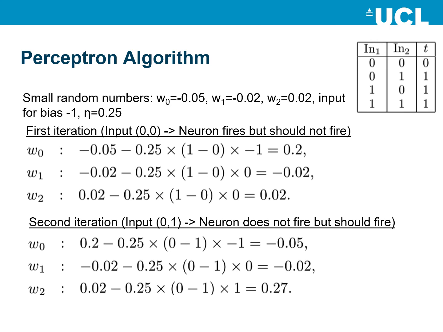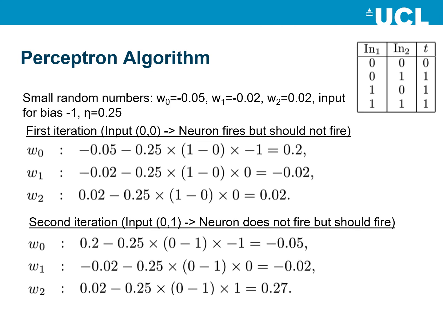How would you calculate the first weight updates? If you take the input of 0, 0, if you look in the table, the output should be 0, so your output neuron should not fire. However, if you look at the individual set of weights, your output neuron would fire. So obviously this is wrong and we need to adjust the weights.